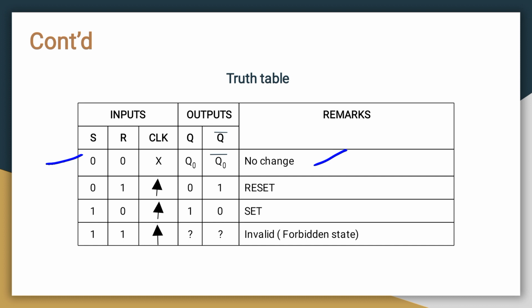No change means whatever output is coming from Q and Q bar, it is the same. Clear? So there is no change. Then the clock is not applied here; only when there is a rising edge, the content is going to set or reset. So next see the other 3, where there is a rising edge.